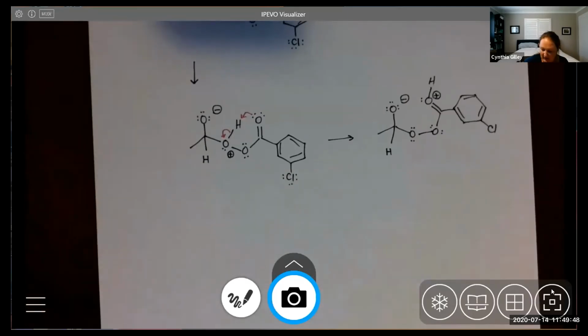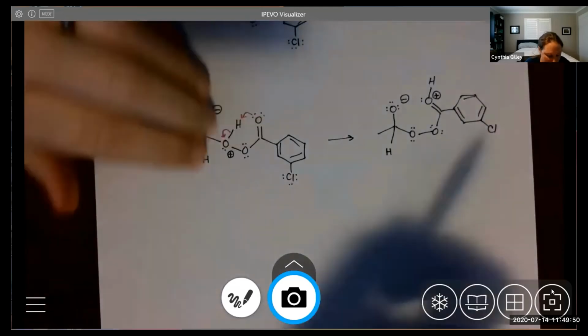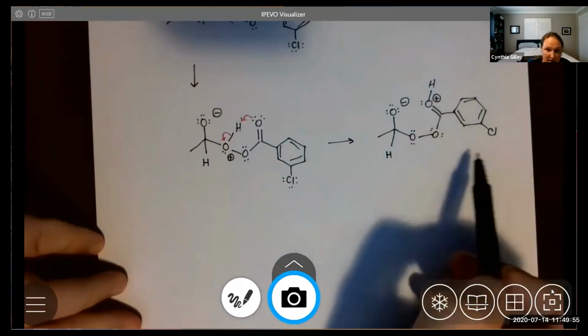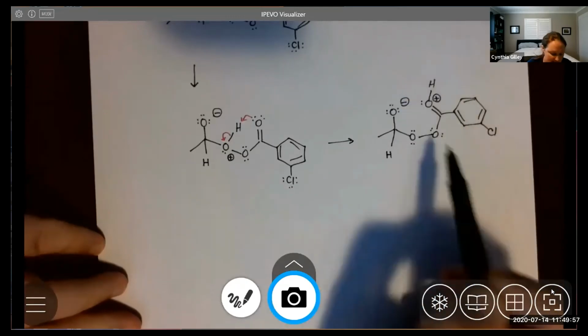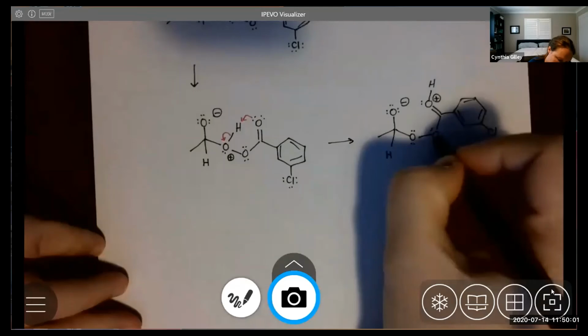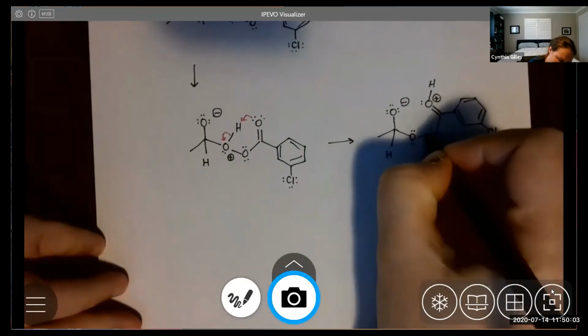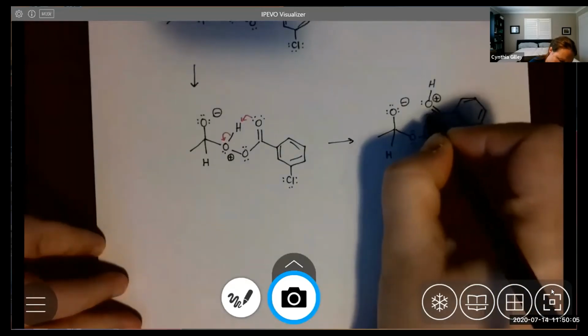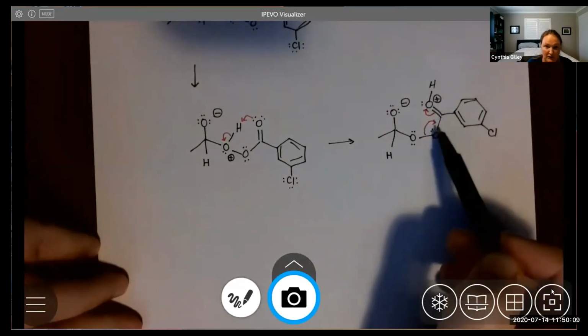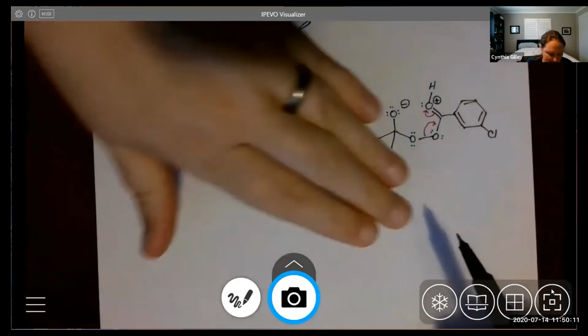And then if I can point something out, this is essentially now a really great leaving group, because as soon as these electrons leave, you could think of them doing something like that, and then they would form a carbonyl here and an OH group there. So it's just a carboxylic acid.